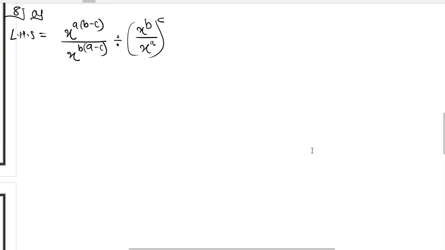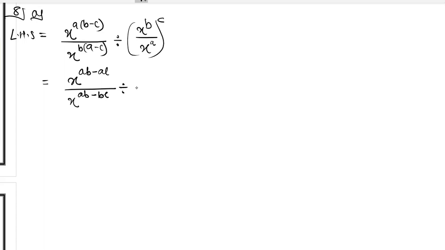Okay, we have to prove it as 1. Let's do this. x raised to ab minus ac upon x raised to ab minus bc. What I did was multiplied that a and b which was there outside the bracket and simplified it.